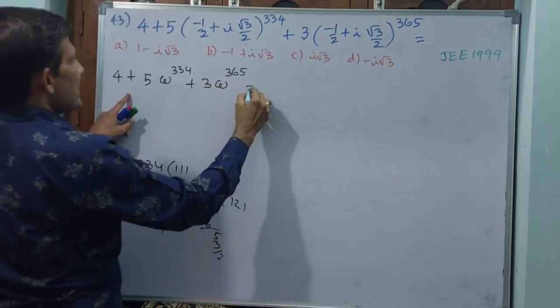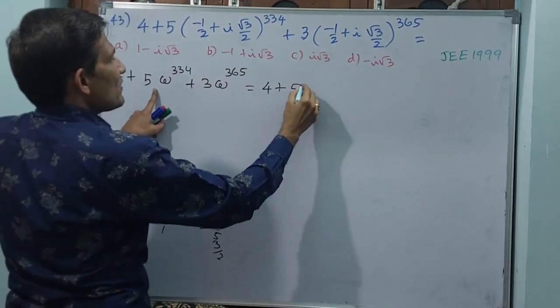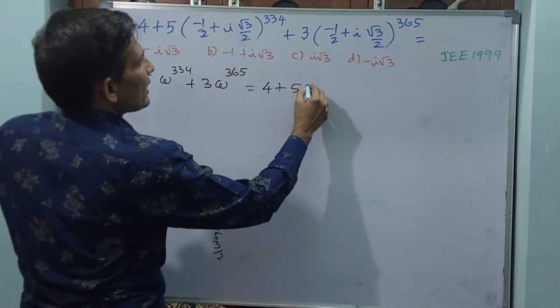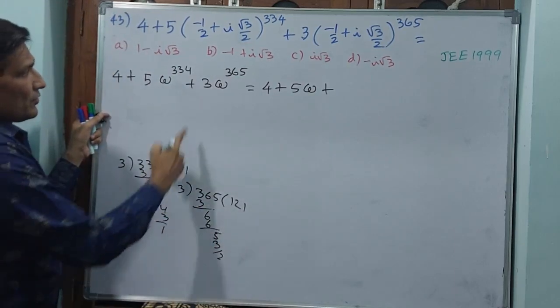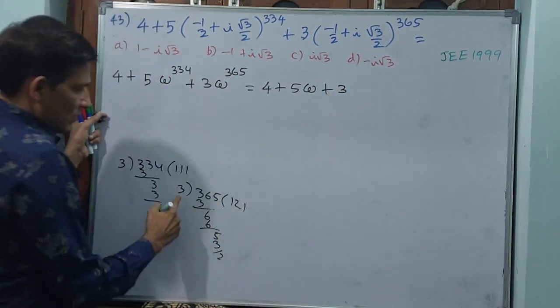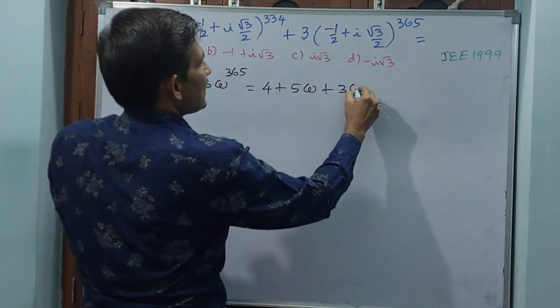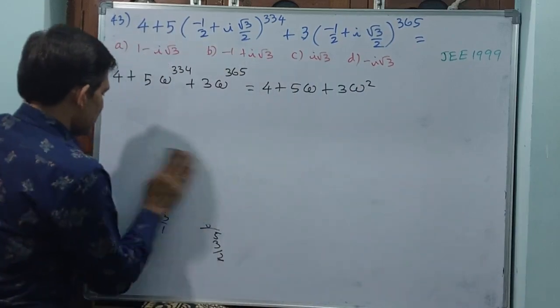Okay, see what I am writing? That is equal to 4 plus 5 into omega to the power of 1, omega, 5 omega, plus 3 into omega to the power of 2, omega square. Omega square, okay? Now analyze this, how to proceed further.